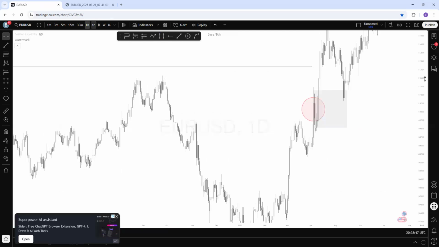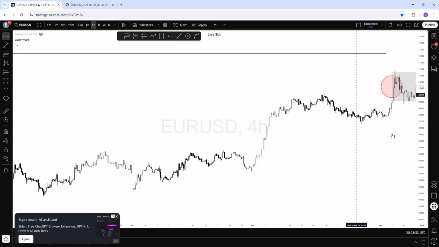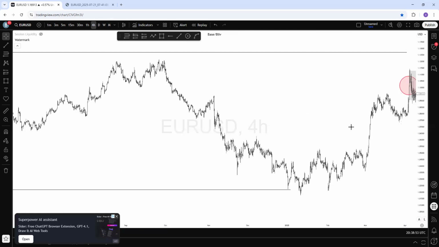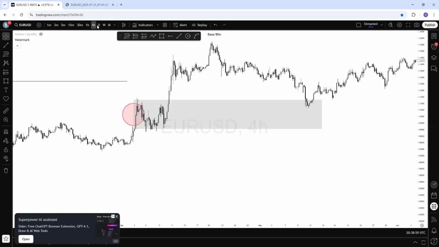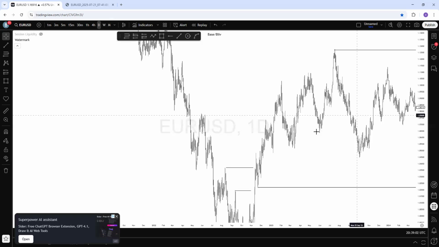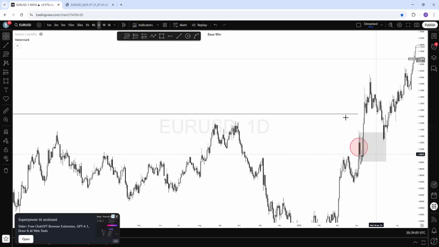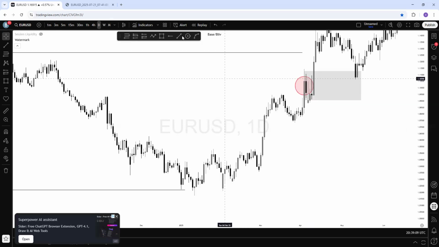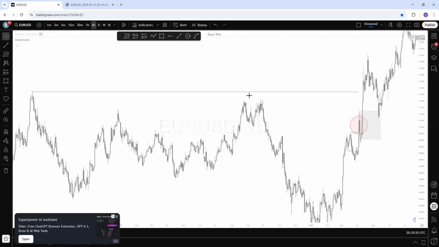That is why I said that is the reaction that broke the high. Market took out this low and broke structure. Let's check the 4-hour.